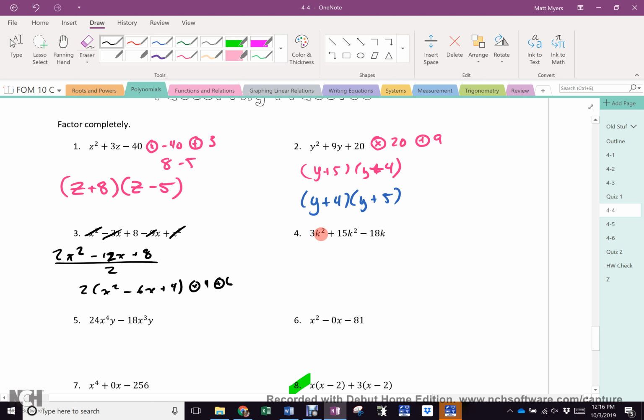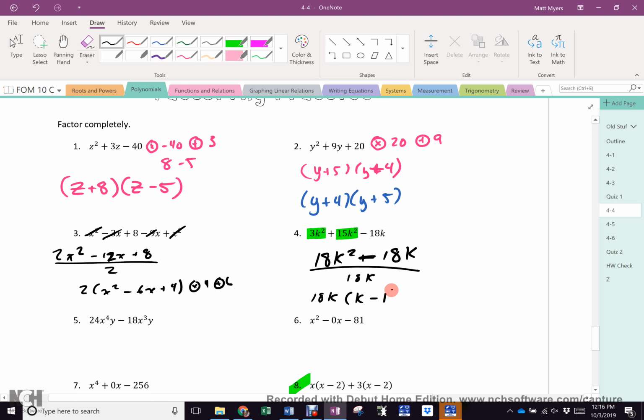Now this one, again, same thing. A bunch of you are trying to factor this. But 3k squareds and 15 more k squareds is how many k squareds? 18k squareds minus 18k. You're smart kids. 18 and 18, k and k. Divide by 18k. 18k goes to the front.